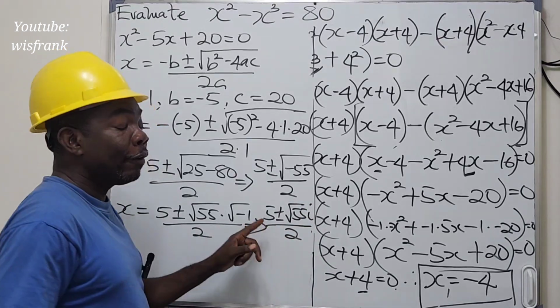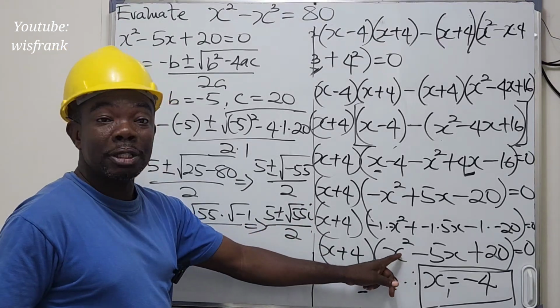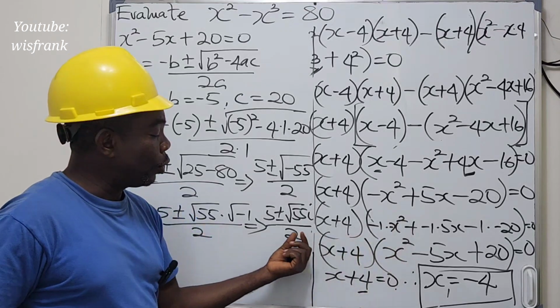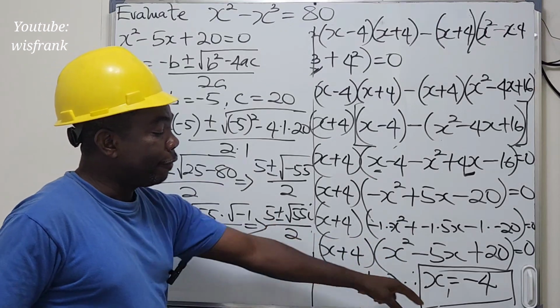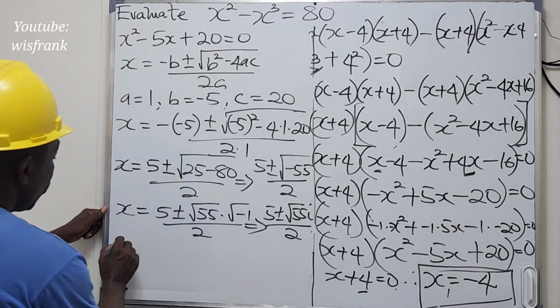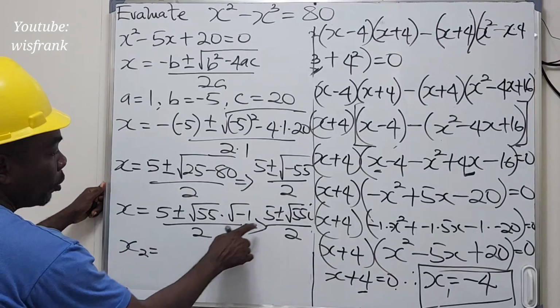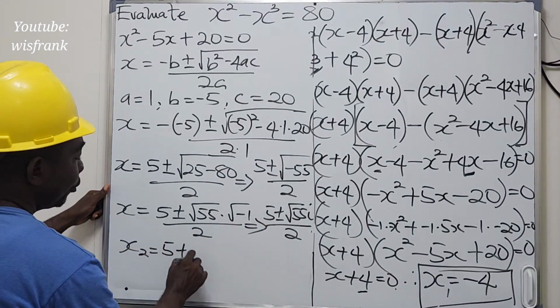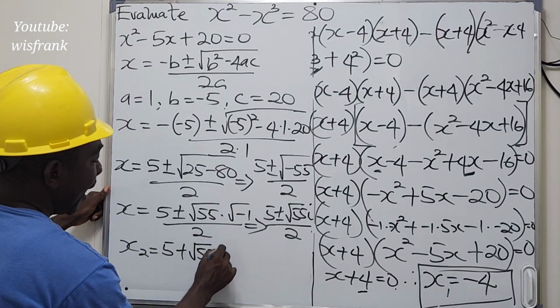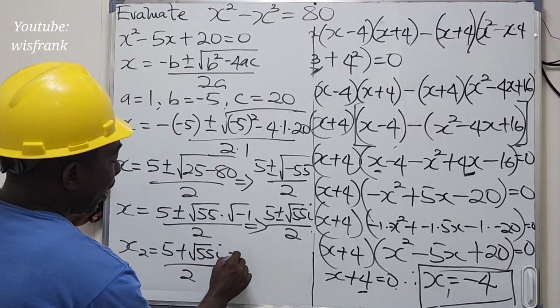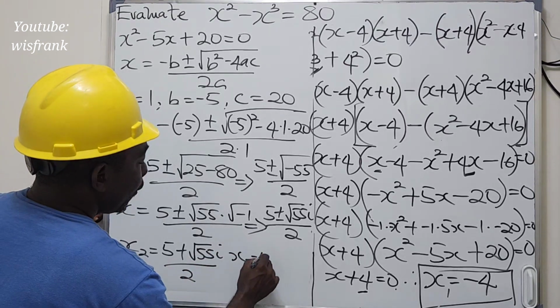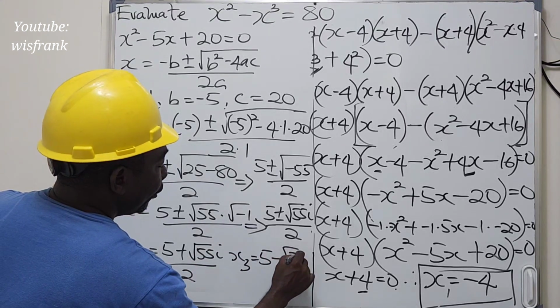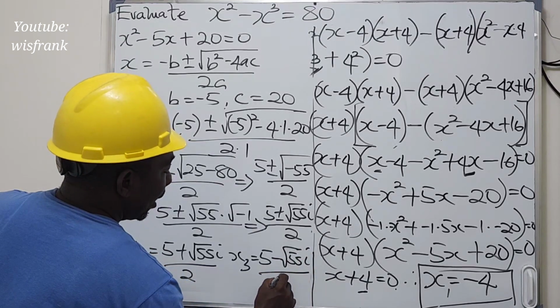From here, we have two solutions, as we mentioned before, because it is x to the power of 2. The first one is x1, and the second one, x2, will be equal to 5 plus root 55i all over 2. And our x3 will be equal to 5 minus root 55i all over 2.